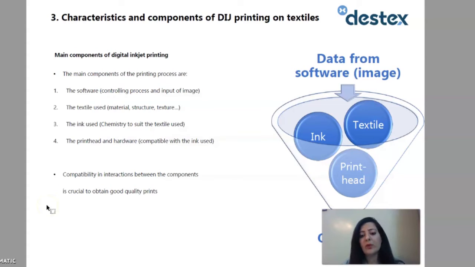There are four main components in this technology: the data from the software, which will be the digital input, then the textile, which is the substrate, the ink used, and the printhead, of course. All these components should be studied well, and there should be good compatibility among all of them to have good quality of the printing and also washing fastness after use.